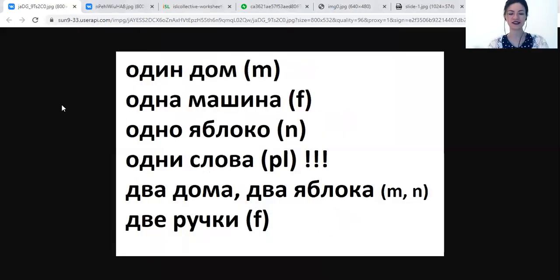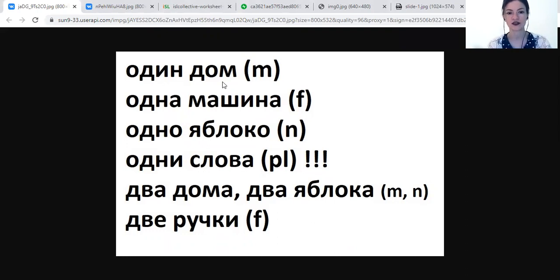And now this is what I was trying to say in English. One is always one, no matter what you are talking about. But in Russian, this number one, один, has gender. It even can be plural. What a surprise. Look here, please. Один дом. Дом finishes with a consonant, so it's masculine.